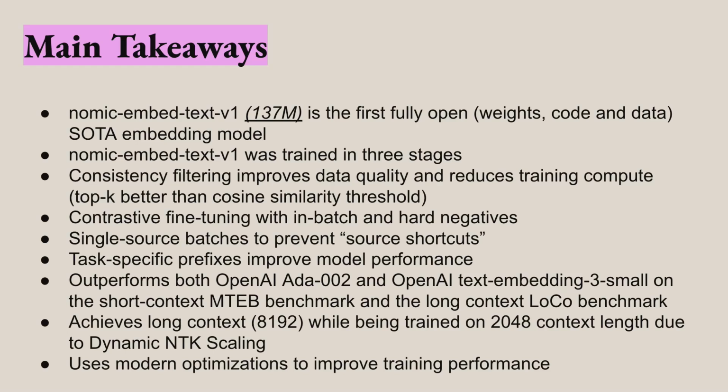That's not explicitly mentioned here, but that was my interpretation. Another big takeaway is that it outperforms the OpenAI models on short and long context benchmarks. The long context is achieved even though it's trained on context length that's 1/4 the size, because they're using this dynamic NTK scaling. And they're using modern optimizations like rope, flash attention, and swiglu to improve training performance.